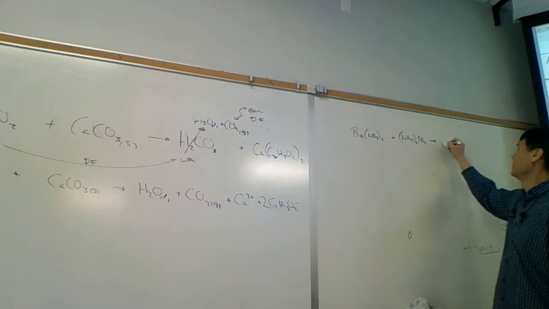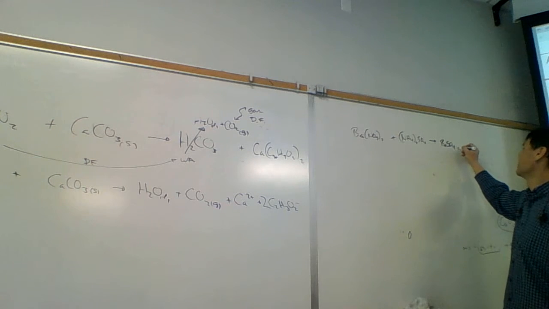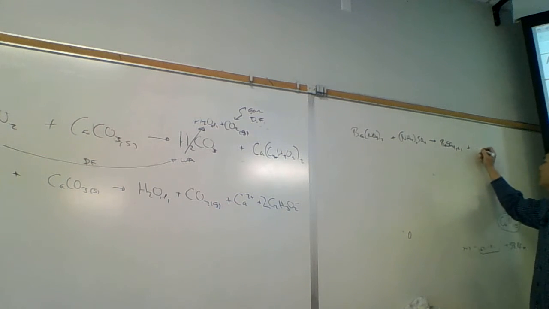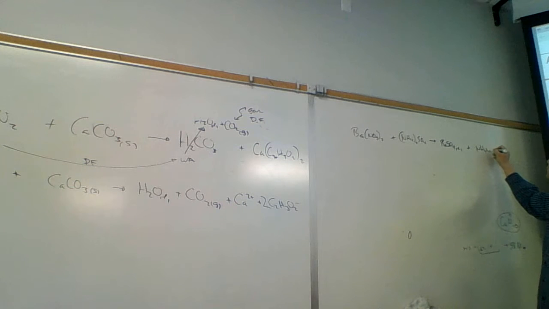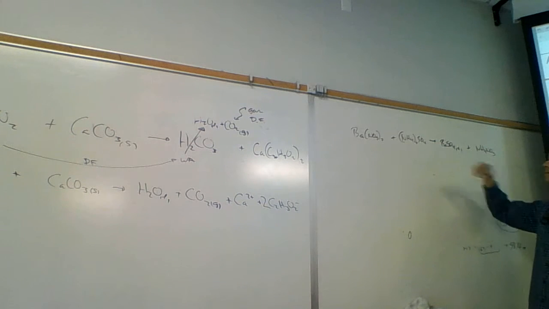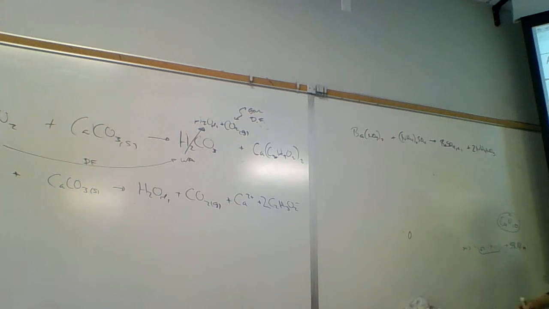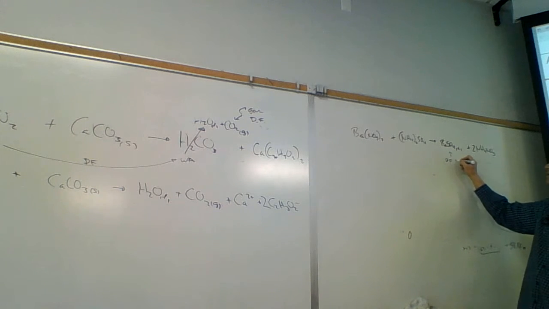This is going to yield barium sulfate. Barium sulfate is a precipitate, and ammonium nitrate. Ammonium nitrate doesn't precipitate. To balance this we will need 2 ammonium nitrates. So the driving force for this is precipitation.